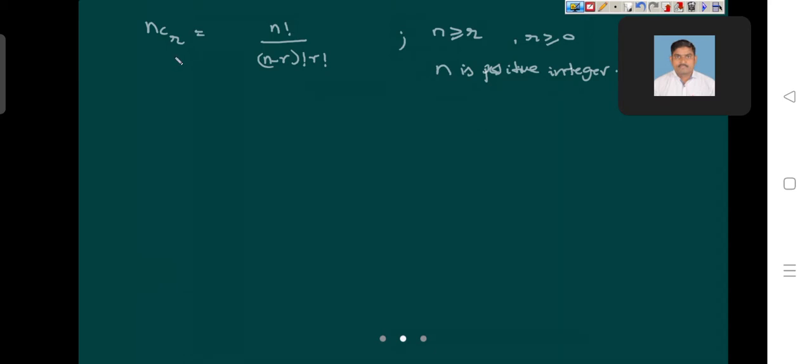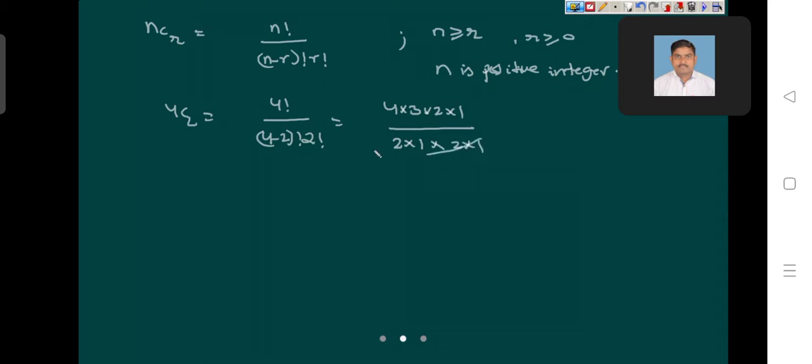Now some more applications of that. For 4C2, just now I found according to that formula: 4 factorial by (4 minus 2) factorial into 2 factorial. 4 factorial you can write as 4 into 3 into 2 into 1, by 2 factorial, which is 2 into 1, into 2 factorial, again 2 into 1.